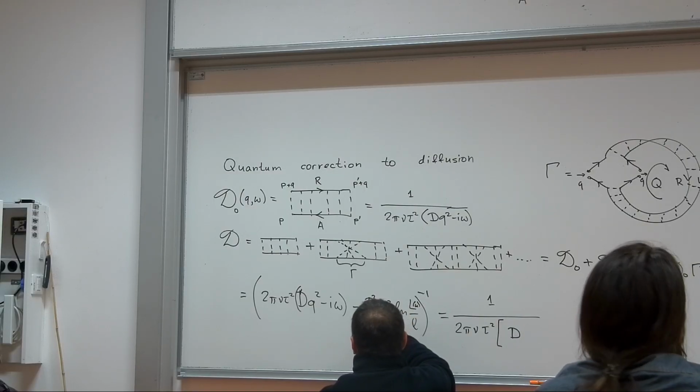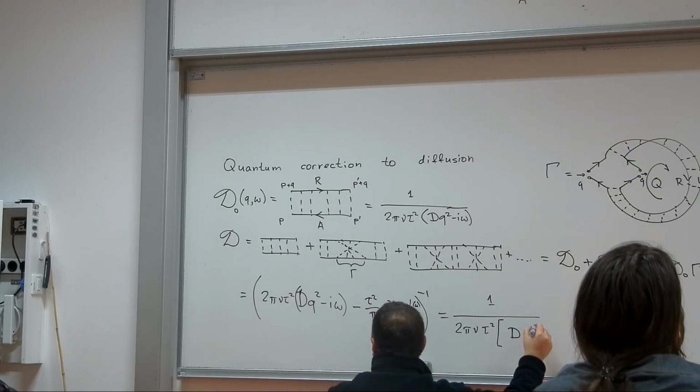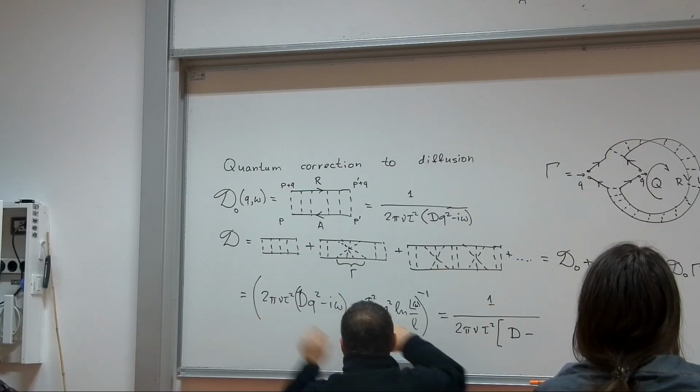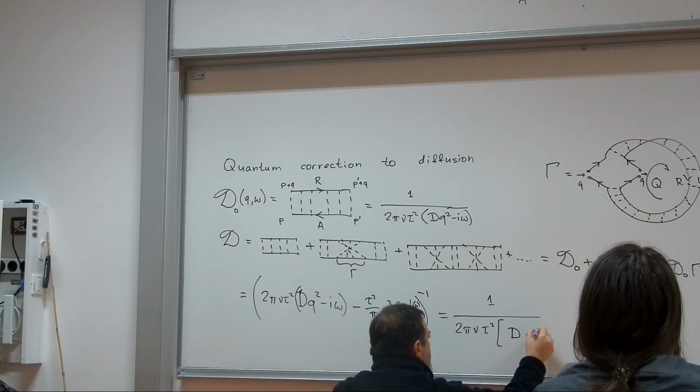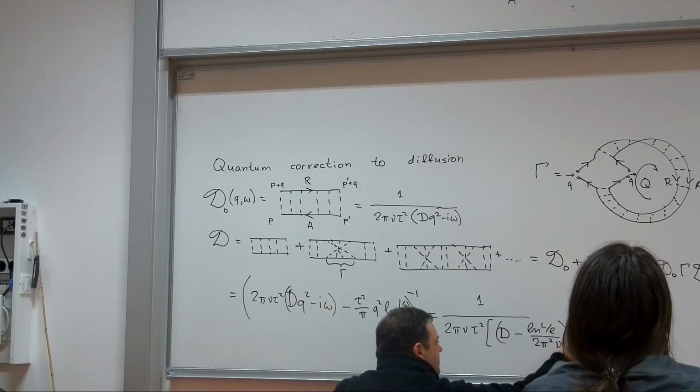Or maybe not. Minus tau squared, 2 pi squared nu, minus logarithm L over l, divided by 2 pi squared nu, and this whole thing times q squared.